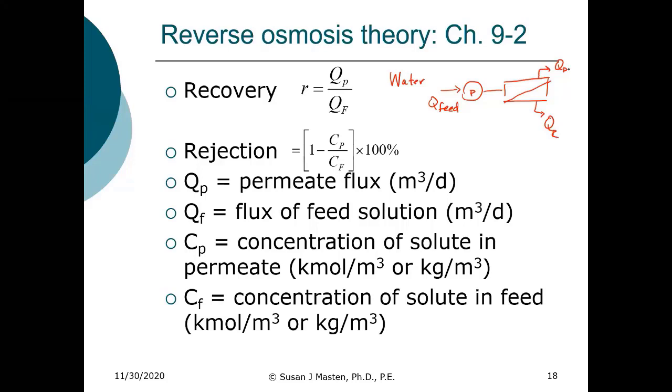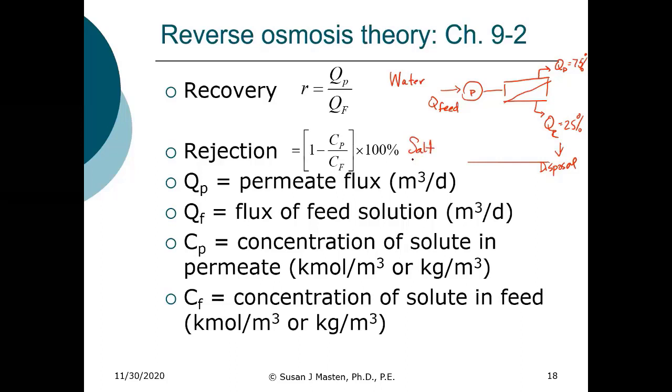So in this case, let's say we produce 75%. That means 75% of the feed is product water or permeate. 25% of that flow is reject stream, and this we have to dispose of. We'll talk about disposal on Wednesday.